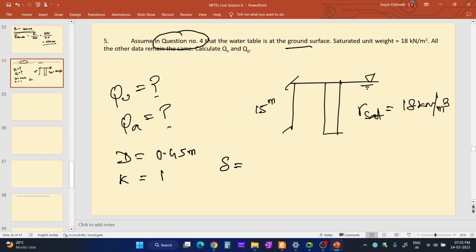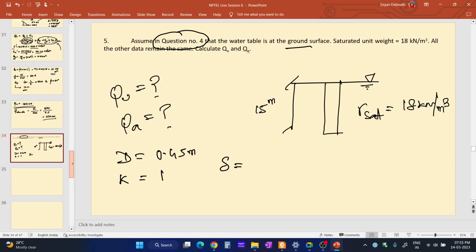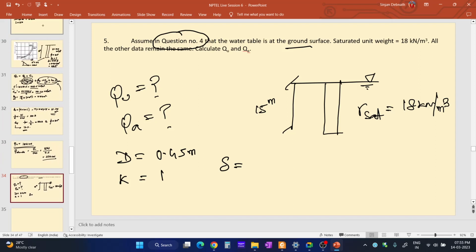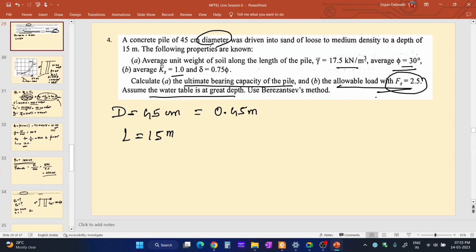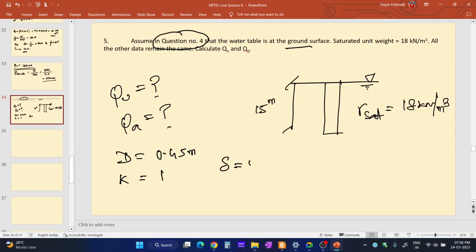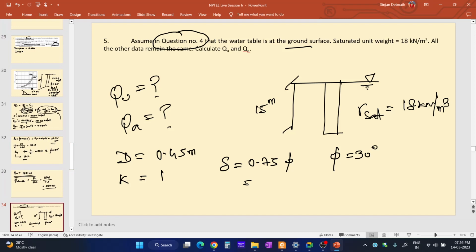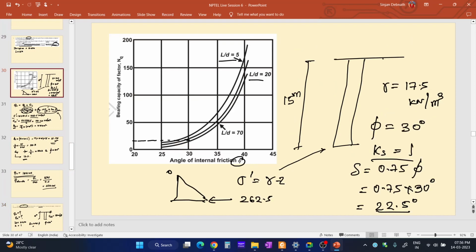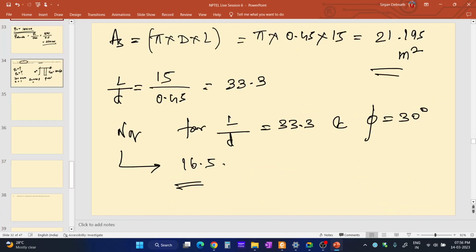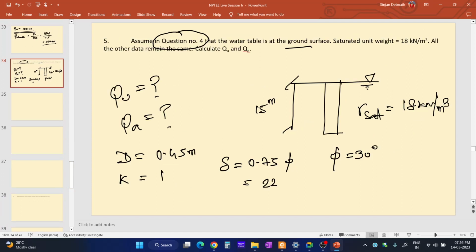Delta, that is the frictional angle between the soil and the pile, is also the same, it is 0.755 phi. Phi is 30 degrees, so this one will be around 22.5 degrees. We calculated it over here, 22.5 degrees. So we need to find out QU and QA.